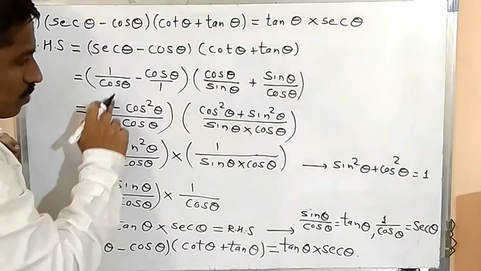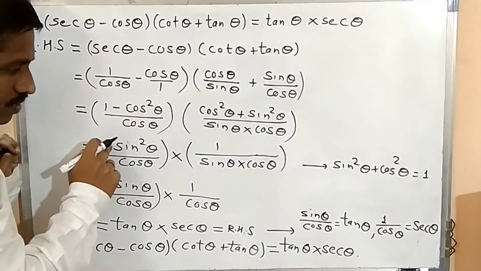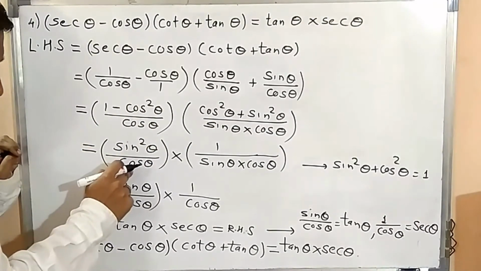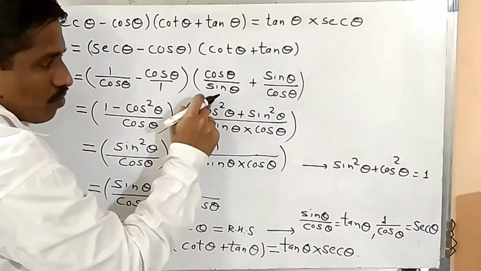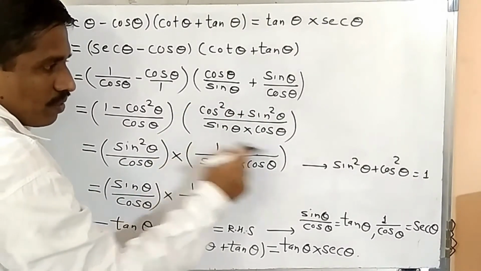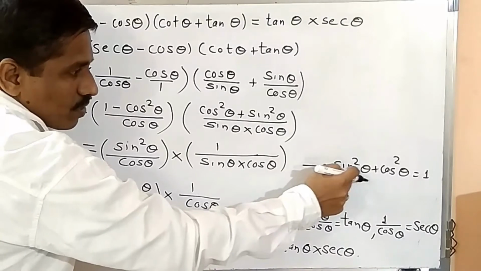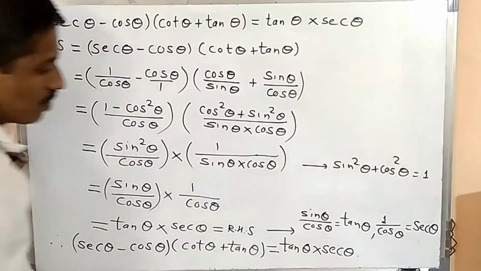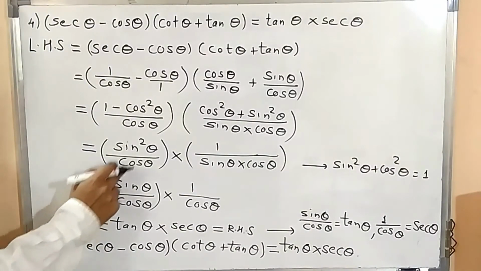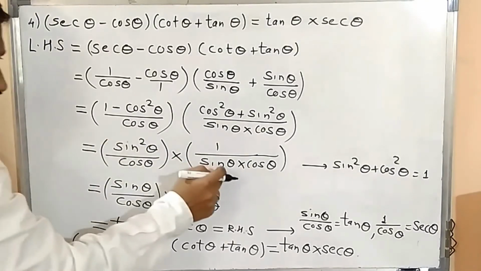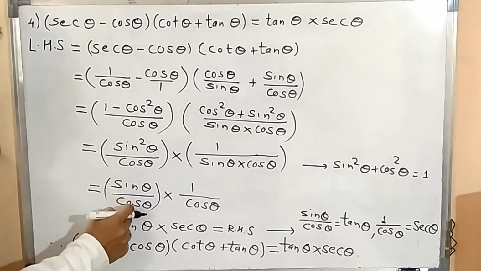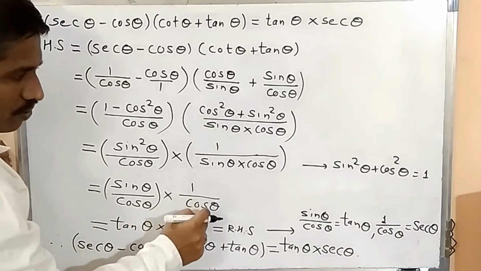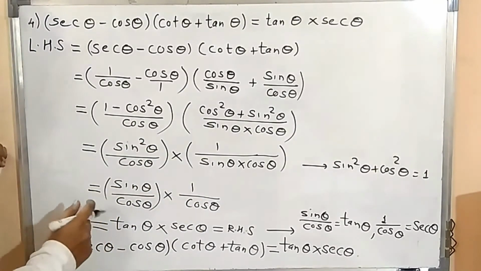So substituting this, 1 minus cos square theta is equal to sin square theta upon cos theta into this sin square theta plus cos square theta is equal to 1, because identity is sin square theta plus cos square theta is equal to 1. So what I will get, this sine, this sine will get cancelled. I will get sin theta upon cos theta into 1 upon cos theta.